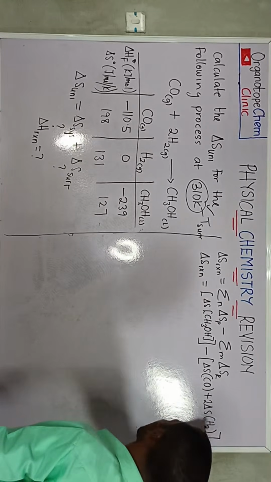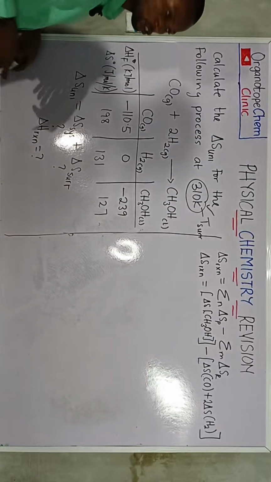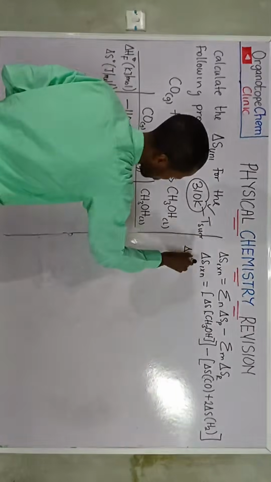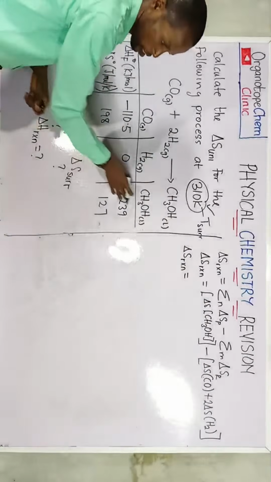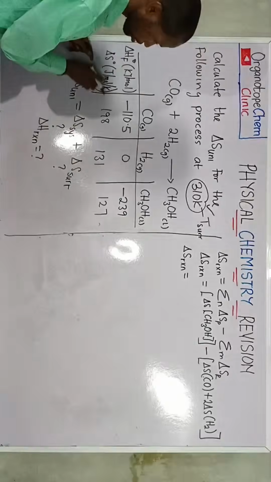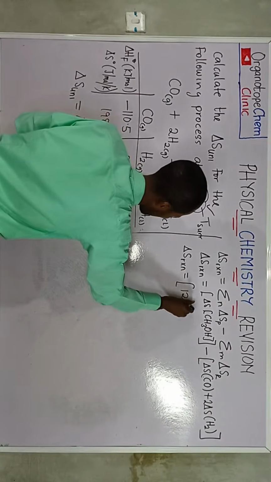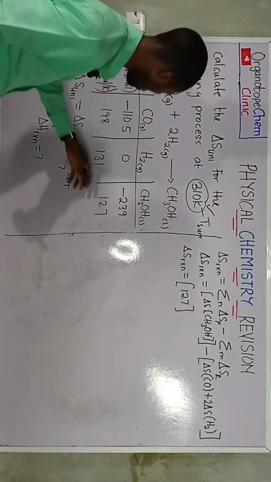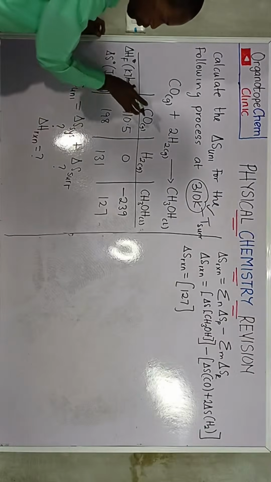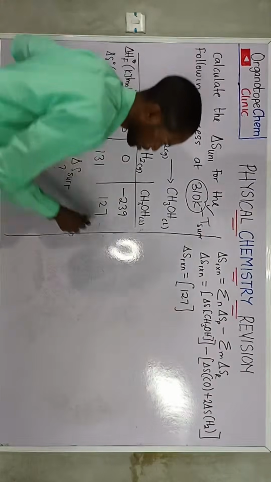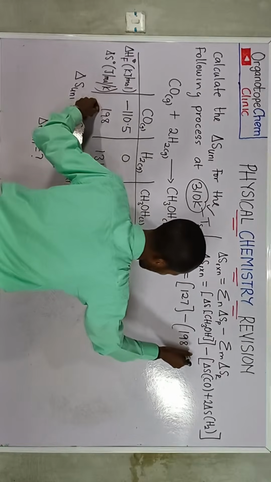Is that taken? So from here, we can substitute the value of the entropy. Delta S reaction equals, what is the entropy of the methanol right here? We're having 127. That's the only product. Then what is the entropy of CO, carbon monoxide? 198.